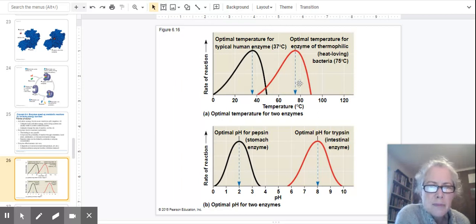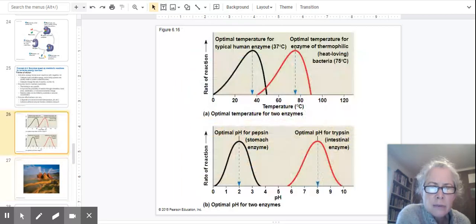But the shape of this diminishing effectiveness is just the same as for these over here. In other words, the rates of reactions are highest around the optimum. They gradually decline in an S-shaped curve as you get colder, but it's a much more abrupt decline as you get hotter, for the same reasons.